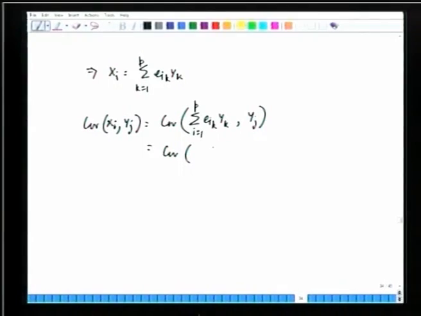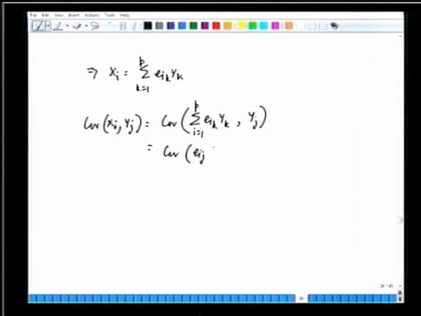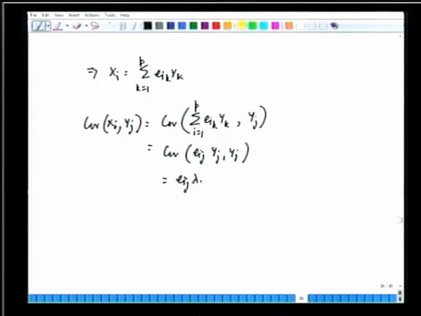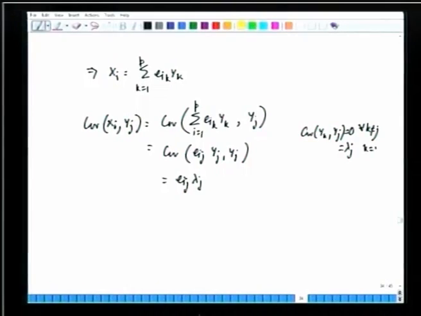The rest are not making any contribution, and the covariance between Yj and Yj is of course lambda j, and Eij remains as such, giving me Eij lambda j, because I know that the covariance between Yk and Yj is 0 for all k not equal to j, and is lambda j if k is equal to j.